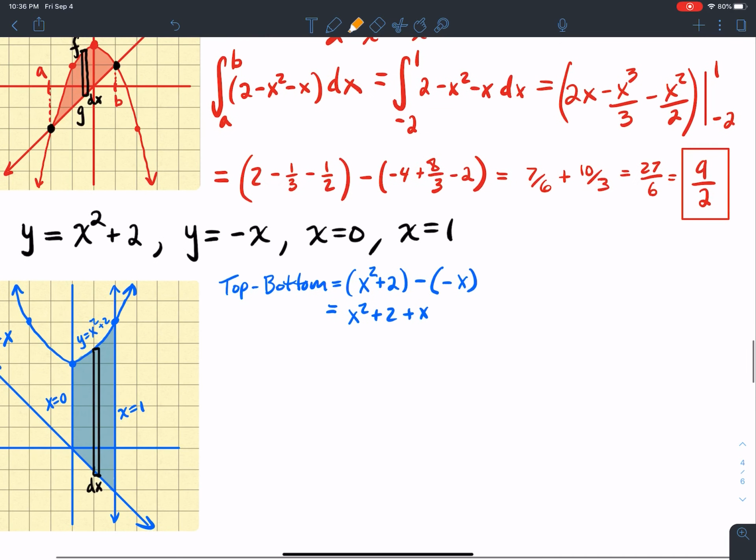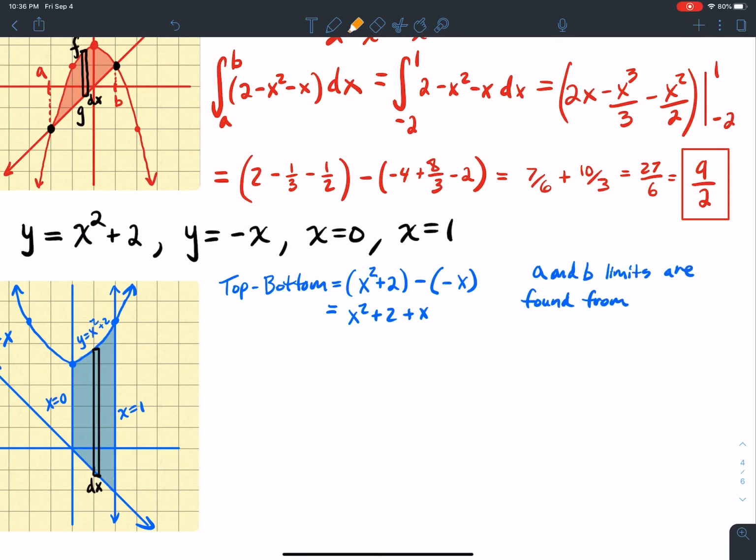Okay. So here it wasn't labeled f and g. Just so you know, it's not always going to be the case that the parabola is on top. It just so happened to be for these two examples that we had. How do I find the limits of integration?